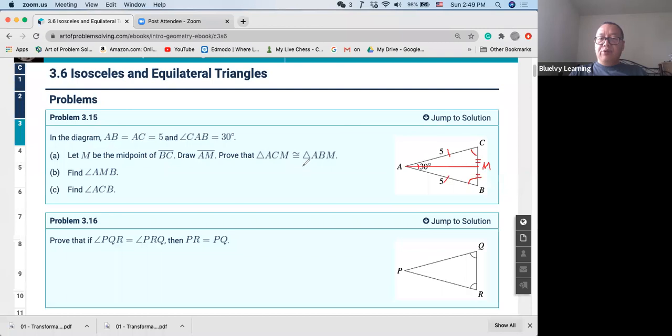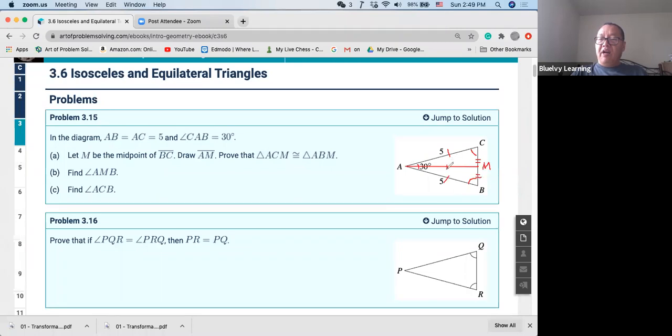Now they ask you to prove triangle ACM is congruent with triangle ABM. We already know AC equals AB equals 5. This is one side, right? Because M is the middle point of BC, we have CM equals BM.